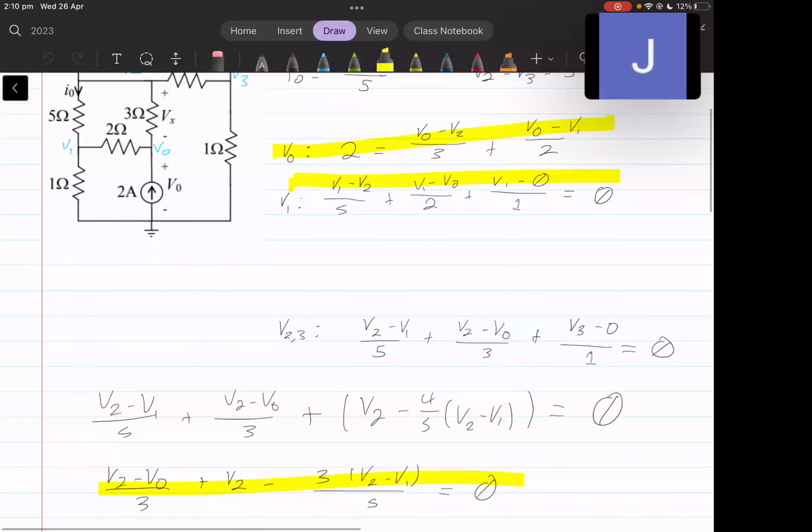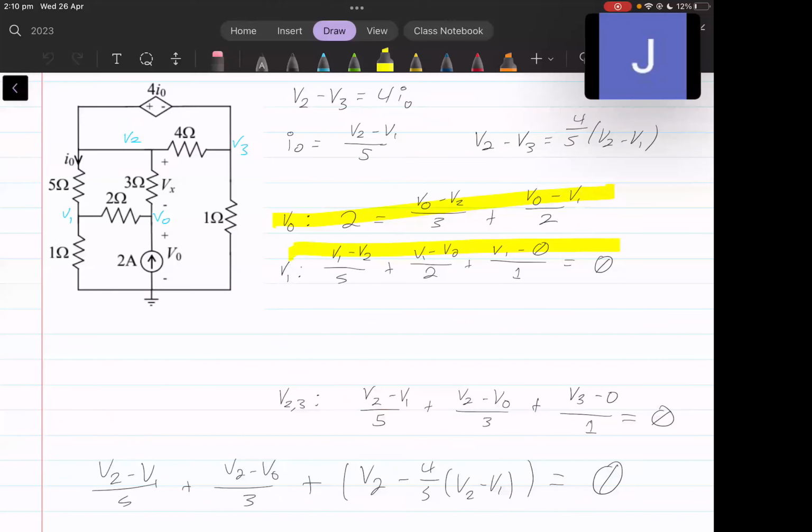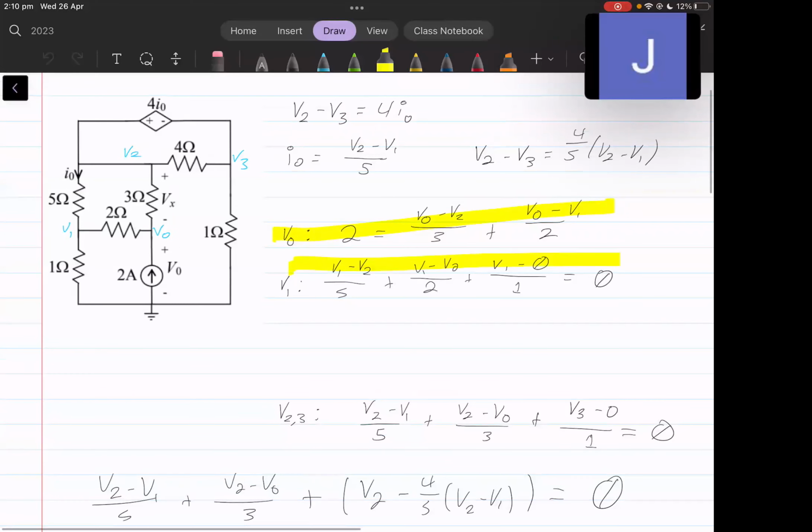And then, because the question asks us to find V0 and Vx, V0 should be fairly easy to find, but can anyone tell me what Vx would be? Yeah, perfect. So we just subtract those two to work out what it is.